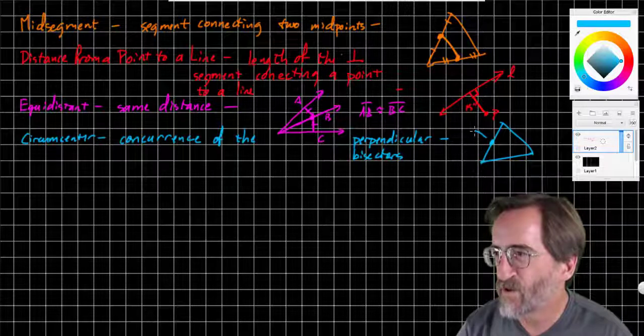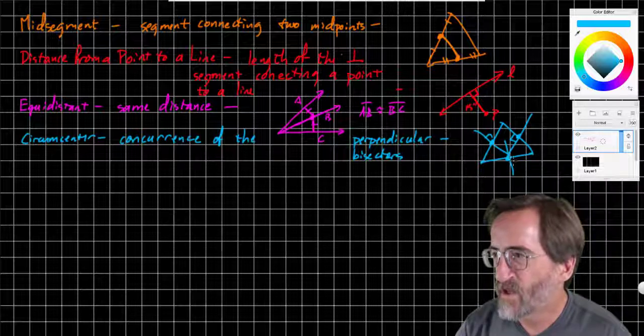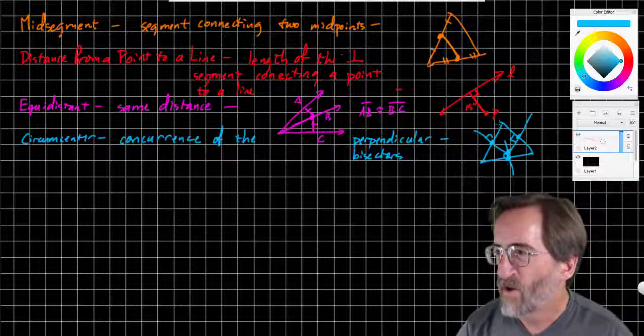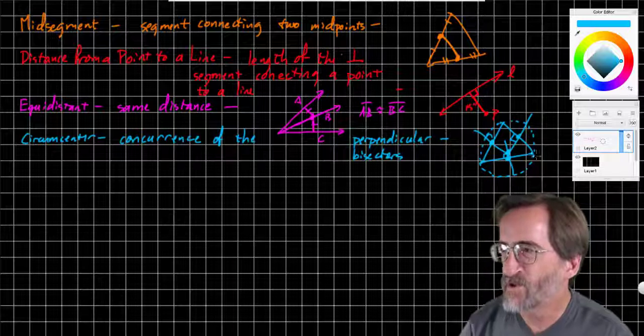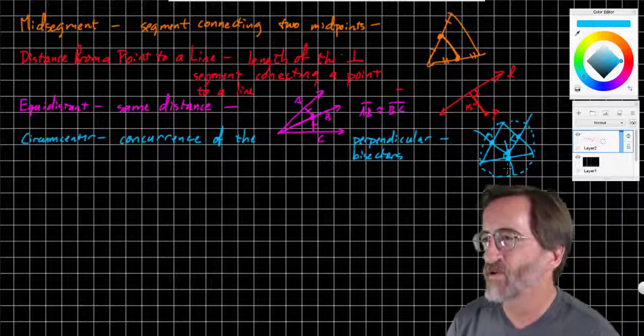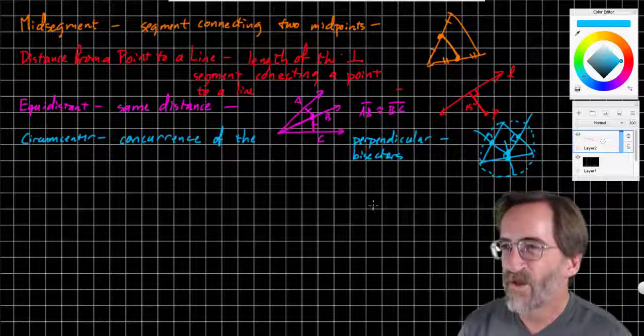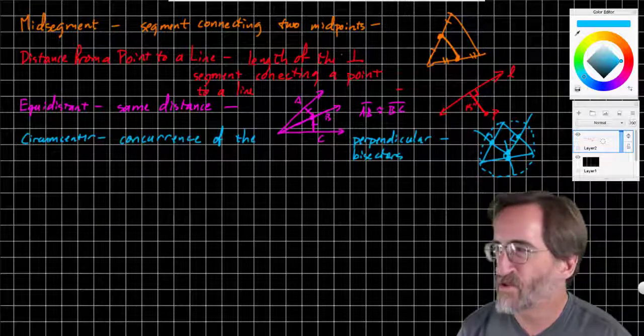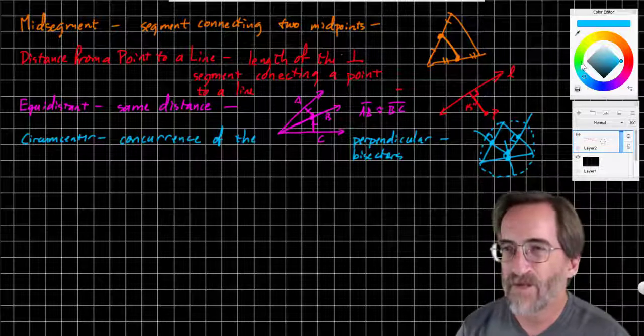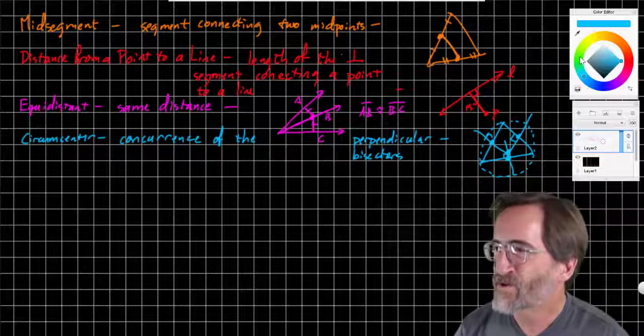I'm going to sketch the perpendicular bisectors of the triangle, and they all intersect at the circumcenter. It also happens to be the center of the circumscribed circle. That is, if you draw a circle with that center and it touches one vertex, it will touch all three vertices. It goes with, by the way, the equidistant idea, because every point on the perpendicular bisector is equidistant from the endpoints.